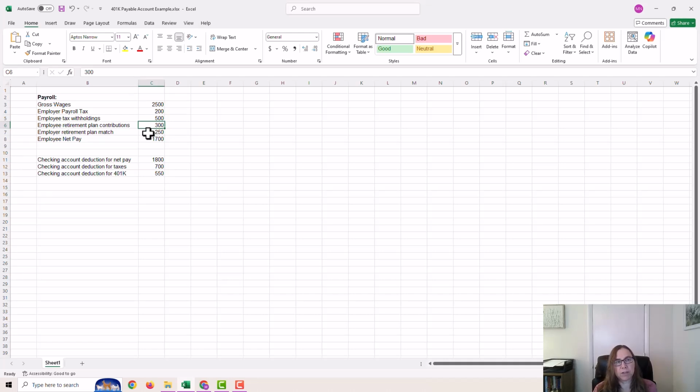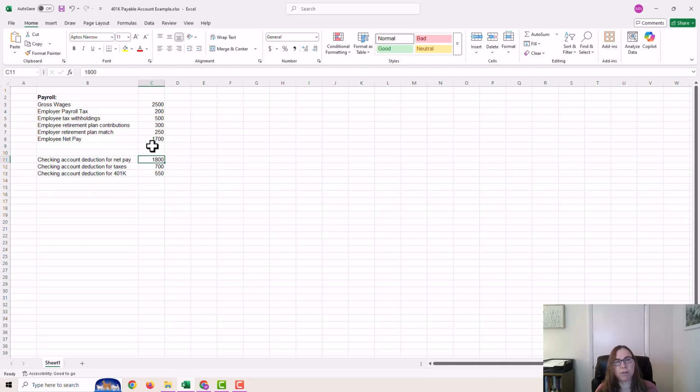And then the employer is also going to match some of those contributions. So these two numbers are not always the same because it depends on what percentage the employee contributes and what percentage the employer matches. And then the employee net pay, that's going to just be the gross wages minus the employee tax withholdings minus the employee retirement plan contributions.